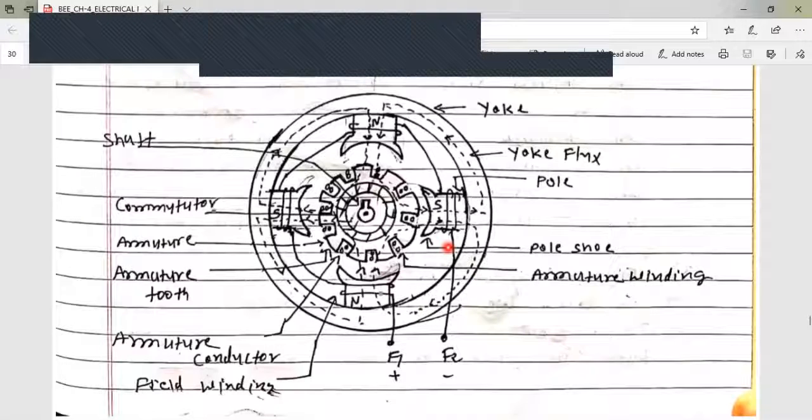See here, this outer circle is the yoke and the dashed lines represent yoke flux. These are the poles. These four are poles, two north poles and two south poles. This extra portion of the pole is known as pole shoe.